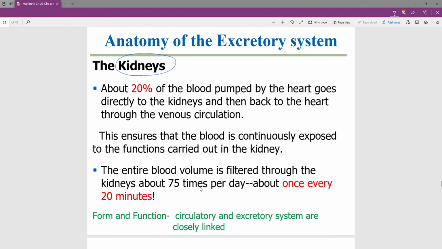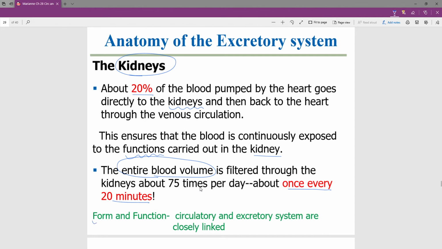The blood gets sent to the kidneys and then back, which ensures that the blood is continuously being exposed to the filtration, osmoregulation and excretion that the kidneys do for us. About once every 20 minutes, your entire blood volume is sent through your kidneys. That is amazing, about 75 times a day.